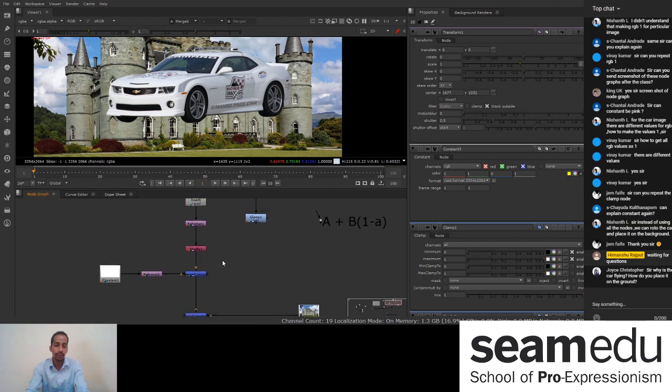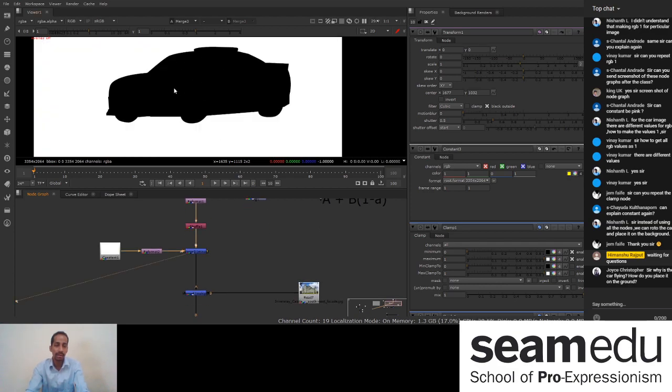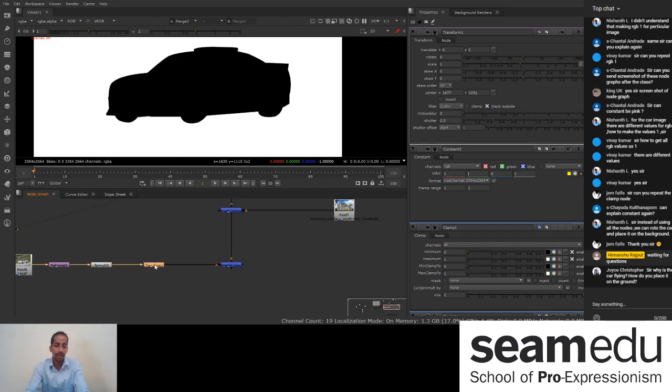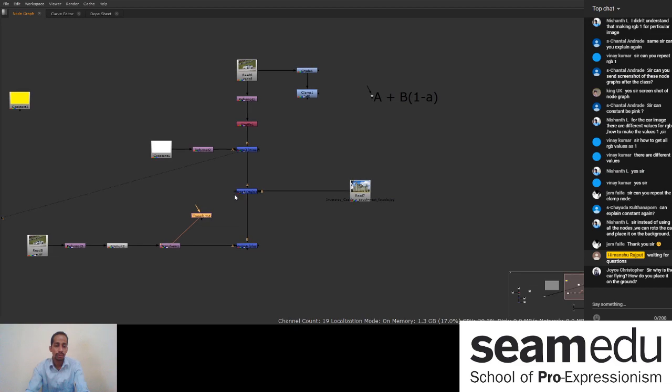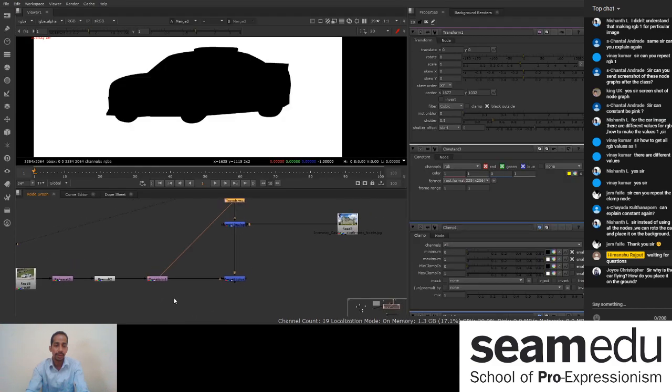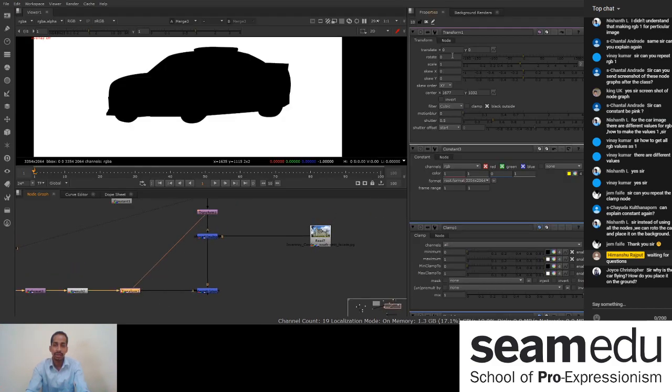So if we want to transform something along with the car, we will transform, right click, edit, and there is an option called clone. What clone does for you is it modifies whatever value I change here.